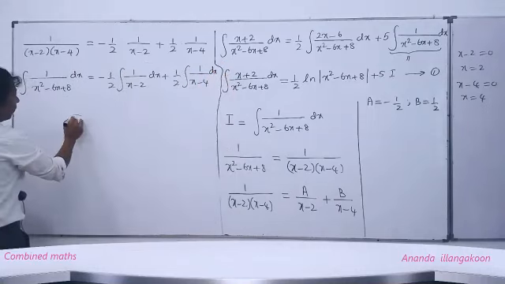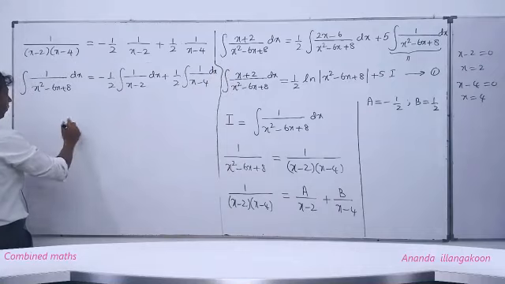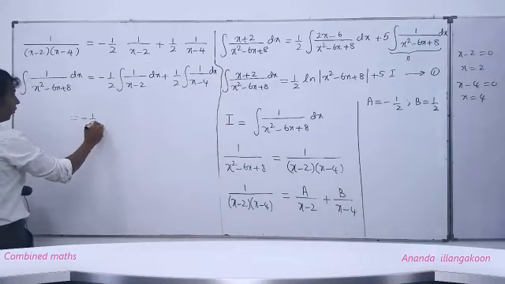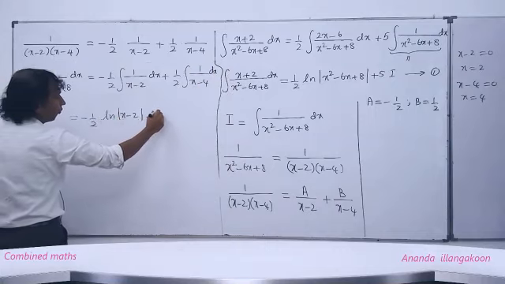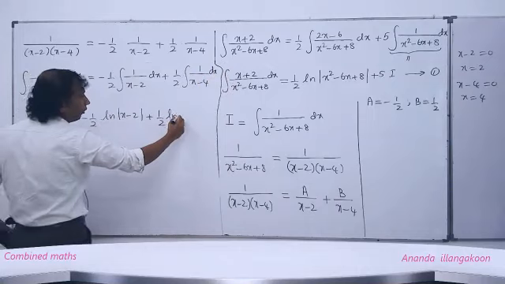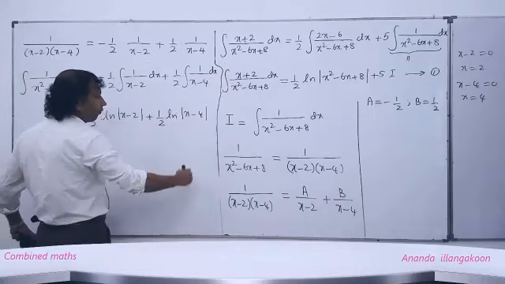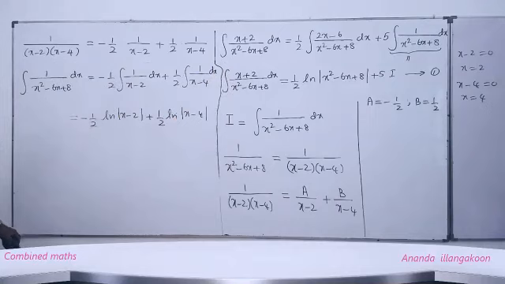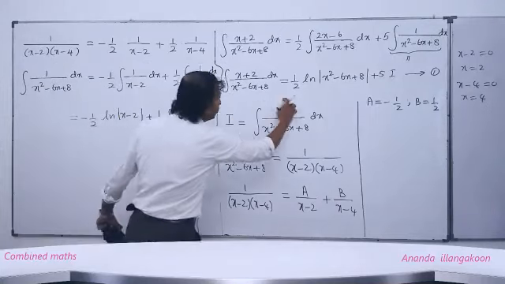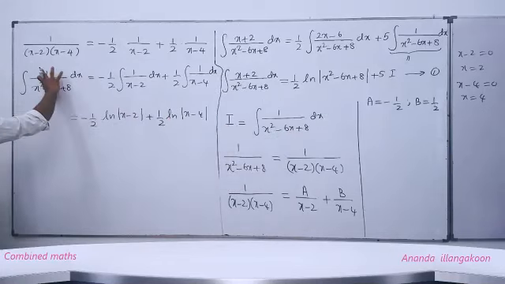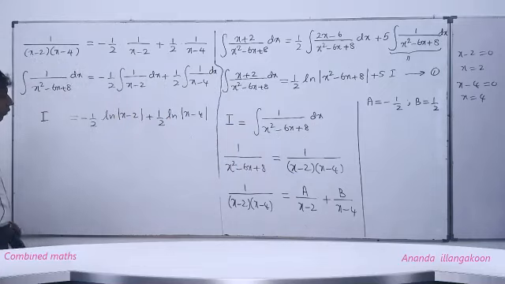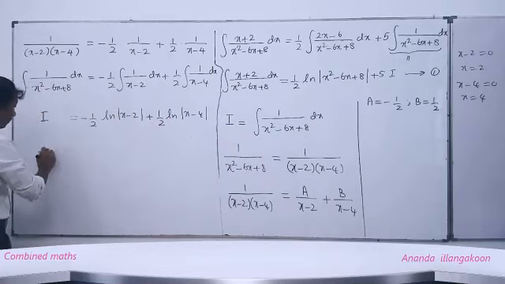Now what is the answer here, people? Minus half Ln mod x minus 2 plus half Ln mod x minus 4. People, this answer only we assumed as I. That same thing only here we have. Therefore, for this one I can put the notation I like this. Now, how to write this? You can take this half out.